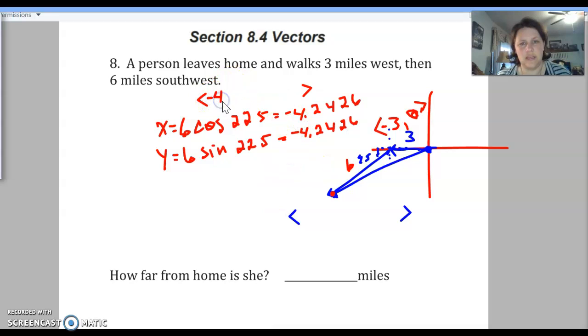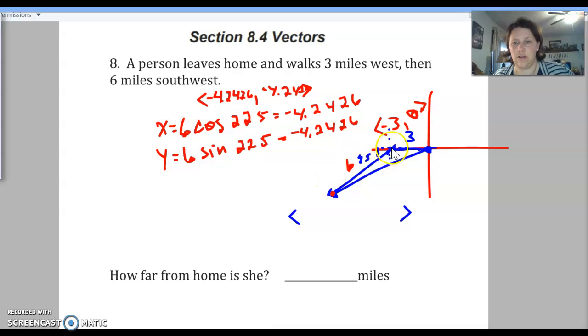So this is what that vector would be if it had started at the origin, but it doesn't. It is being added onto a vector that goes west 3 miles. That vector is -3, 0. So now we can add these two vectors together.